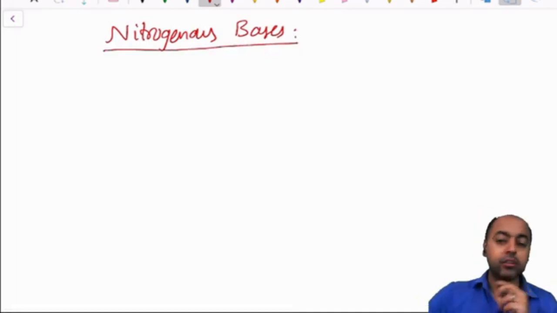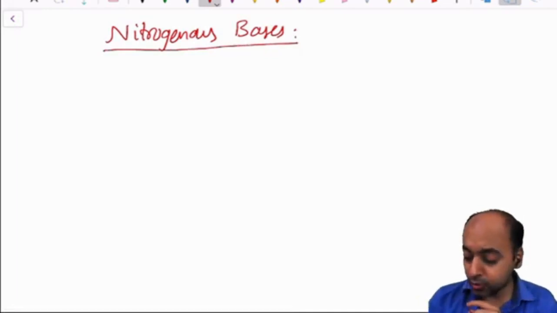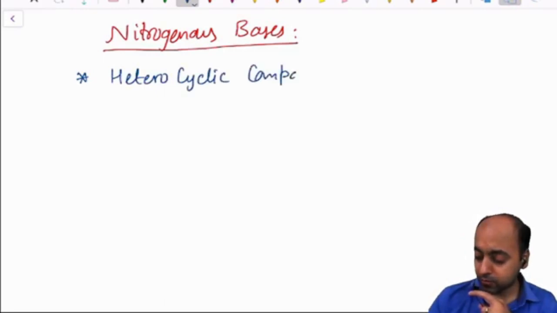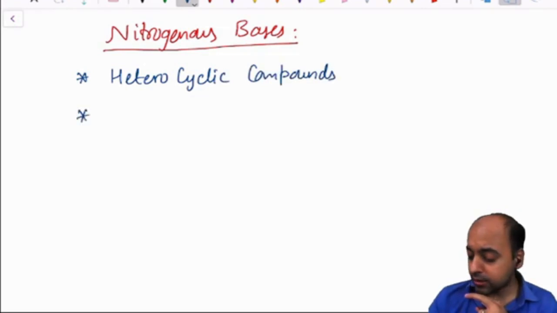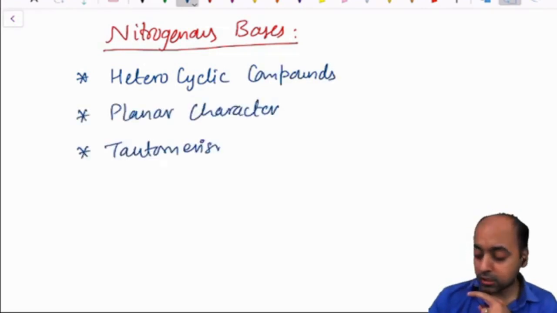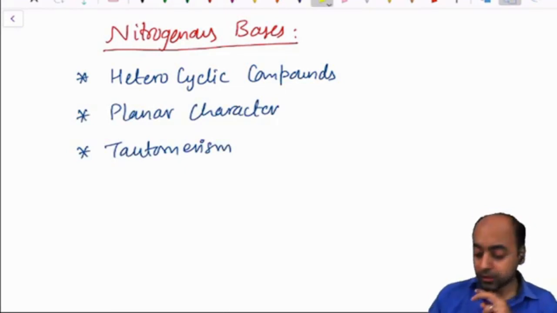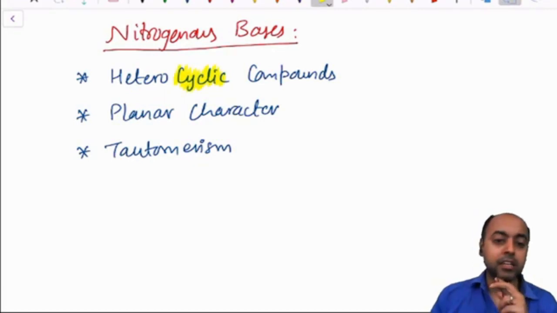Now when I say nitrogenous bases, immediately a few points should come to your mind. For example, the nitrogenous bases are heterocyclic compounds. First of all, they are ring structures. That is why the term cyclic is there.